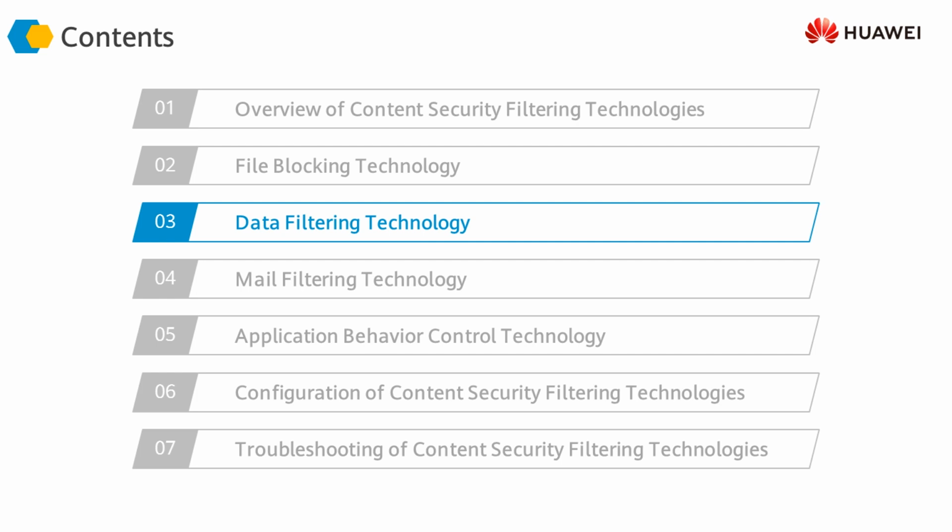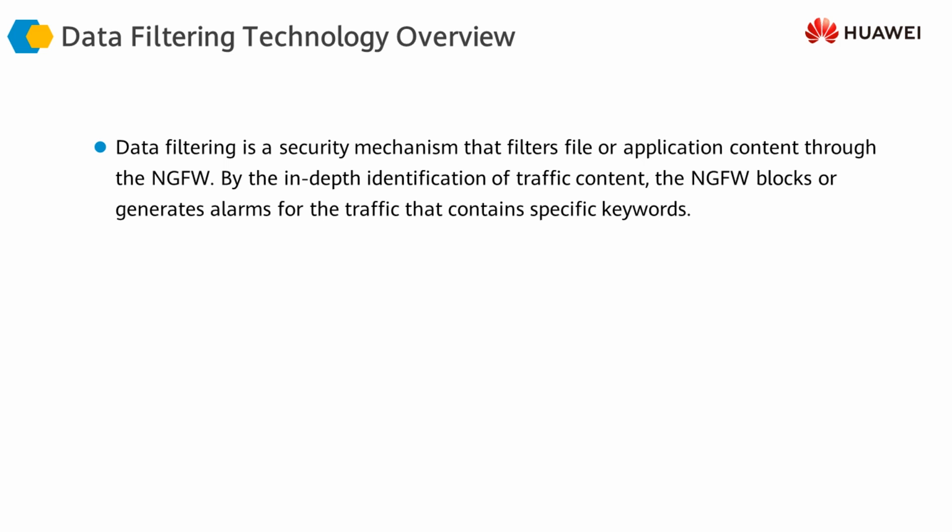However, data filtering technology or data filtering mechanism is slightly more complicated, it's slightly different. In data filtering technology, what we are doing is that we are looking at the contents of the file, and we are looking for certain keywords in those contents.